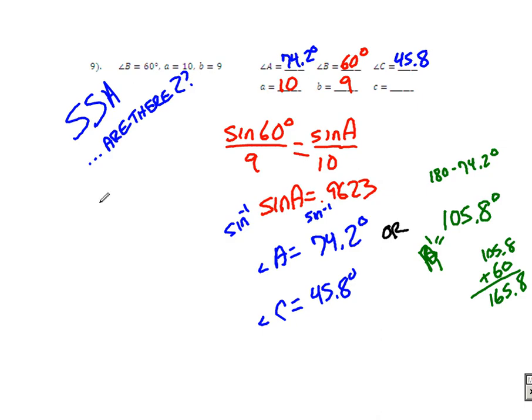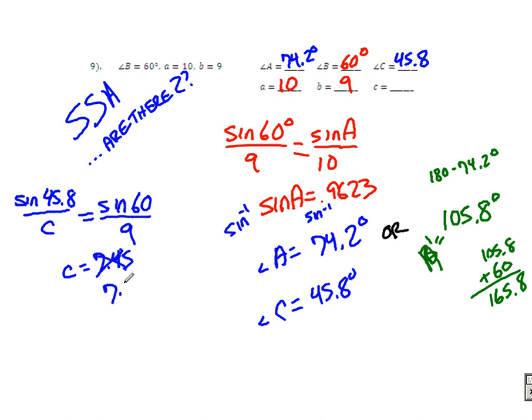I would do sine of 60 over 9 will equal sine of 45.8 over side C. Cross multiply and divide, I should get C equals 7.45, or to the tenth, so we'll say 7.5.